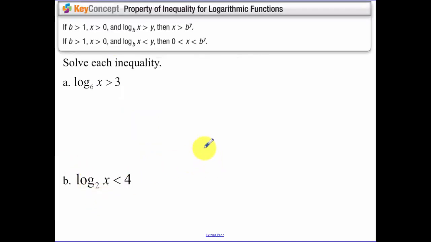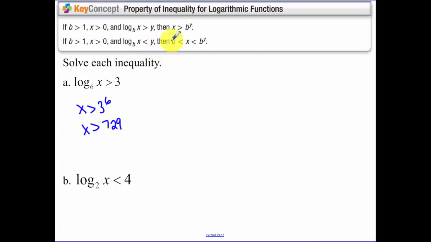Now for inequalities, if your base is bigger than 1 and your x is greater than 0, we can essentially convert it to an exponential. If you're greater than, like our first example, we can set x is greater than 3 to the 6th power, x is greater than 729.